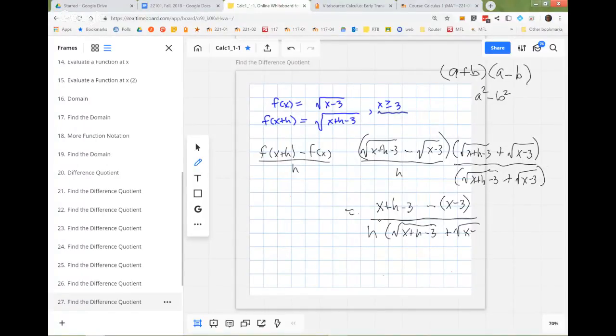Okay. So, hopefully you get where I got to that point. Now, what happens on the top? Well, x minus x, that's gone. H is still up there. And minus 3 minus a negative 3, that's gone.